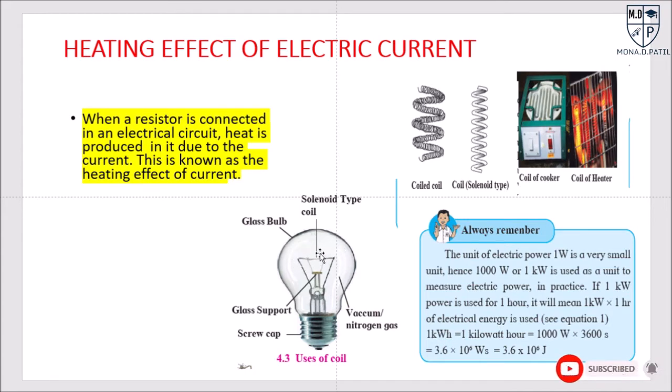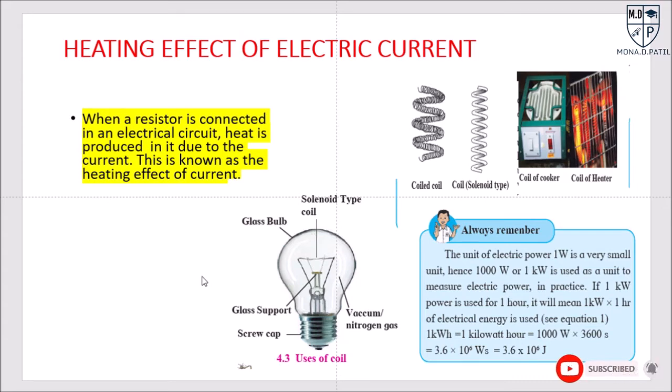This tungsten wire has the property of a high melting point, and it works at 220 volts. So even at a high temperature for a long period it does not melt, and that's why it is used for emitting light. This heating effect gives us the light. So this is the heating effect of electric current.